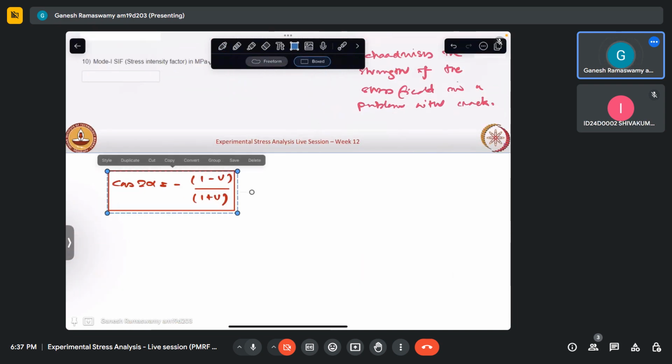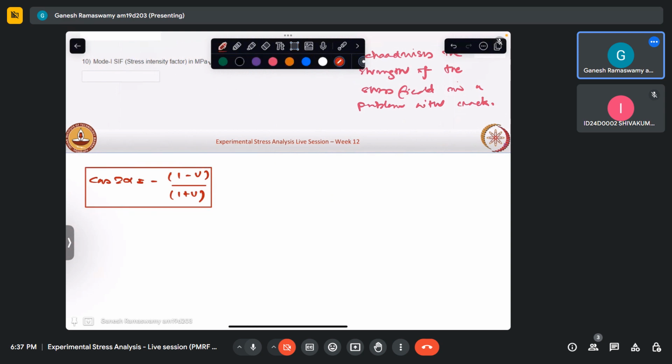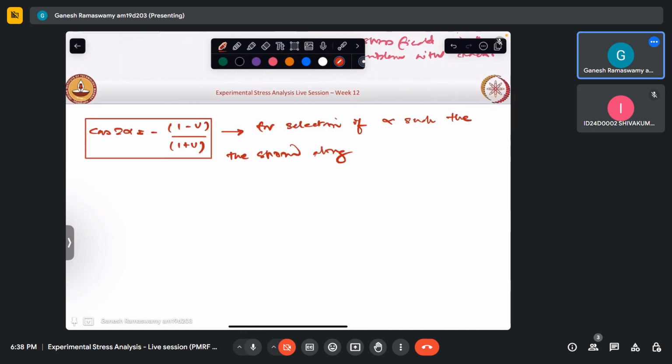so I'll put this here. Selection of alpha such that the strain along direction simplifies.